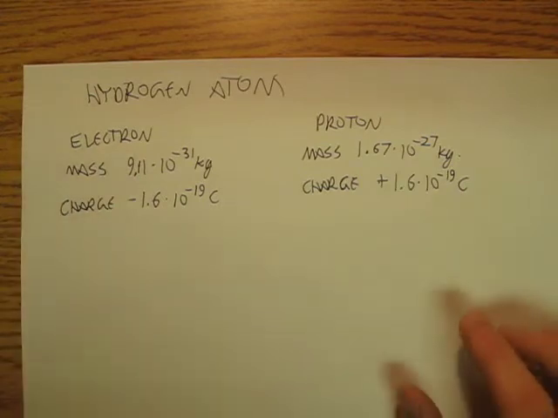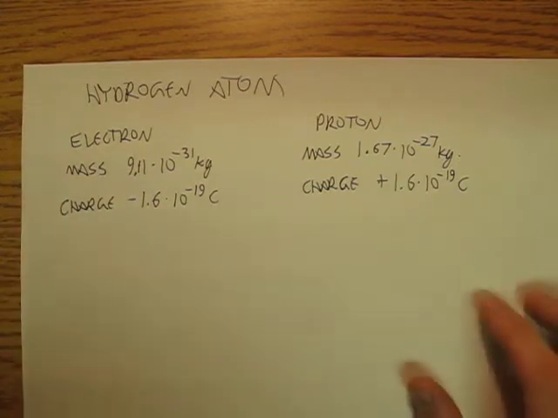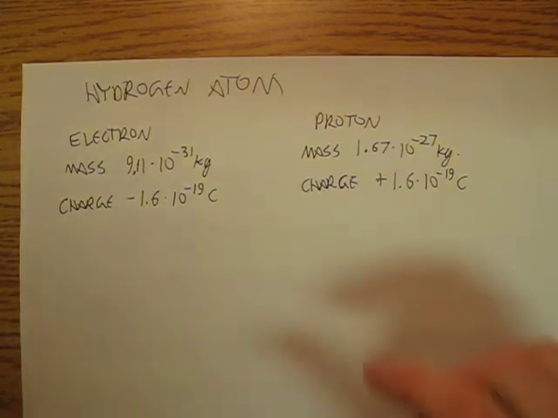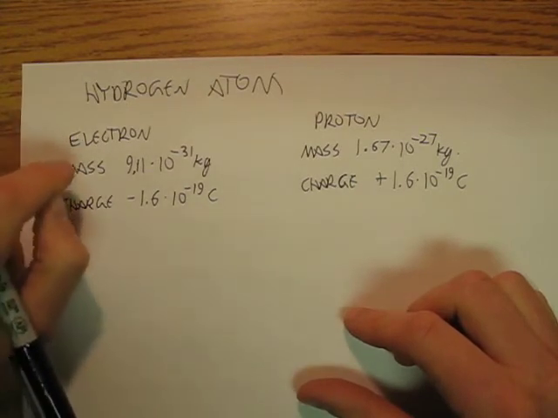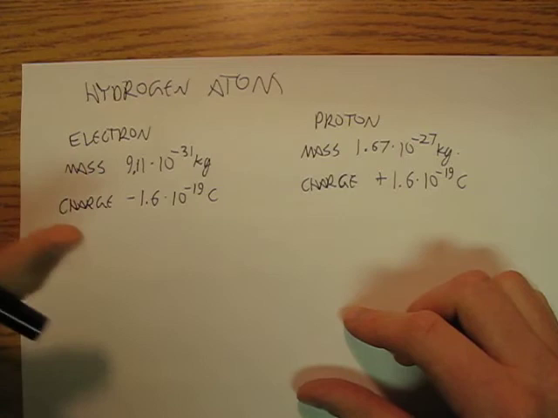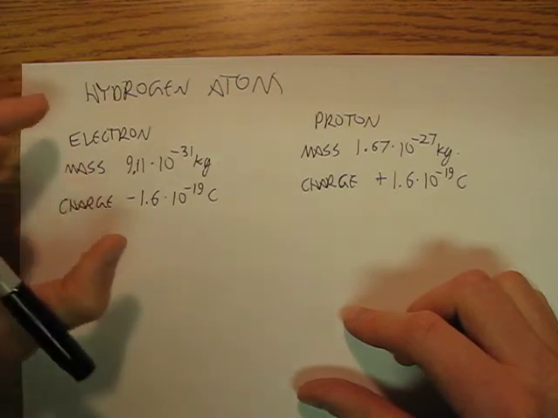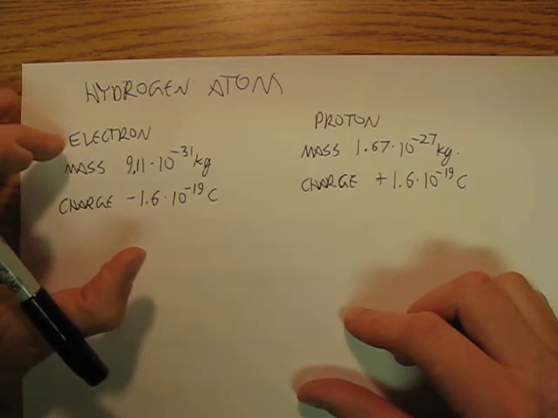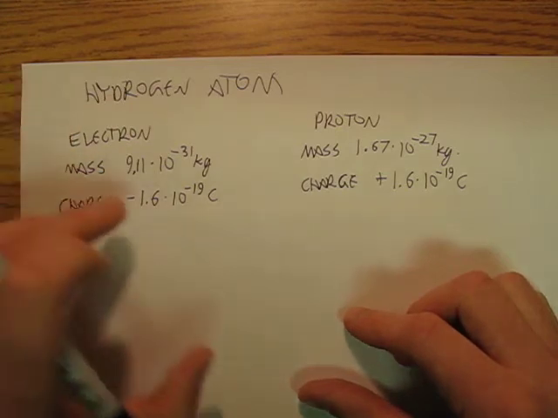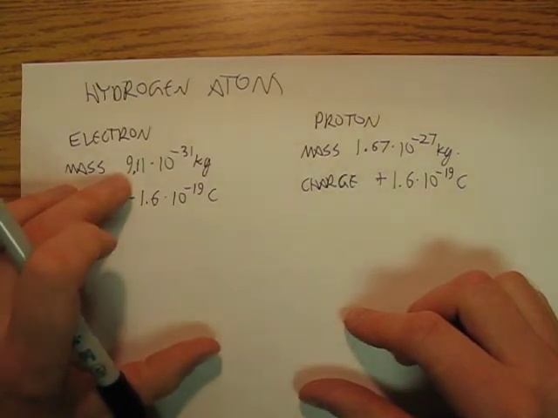So one of the things that they ask is, why do electrons carry electric current? So when we're talking about electricity moving, we're basically talking about the movement of electrons. And the reason why electrons are the ones that move is because they are much lighter.